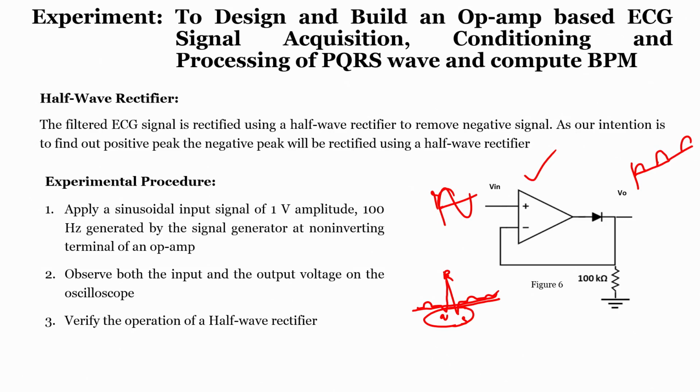As we know, if we keep a capacitor, the capacitor will charge to whatever output we receive. So, if I use a capacitor, if the voltage is increasing, the capacitor charges slowly. Since we do not create any discharging path, whichever is the highest voltage that we get, the capacitor will be charged to that highest voltage value.